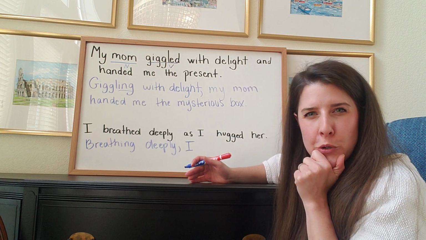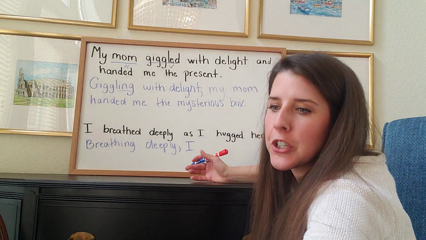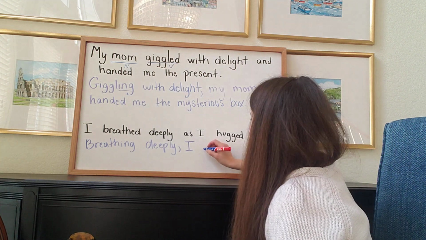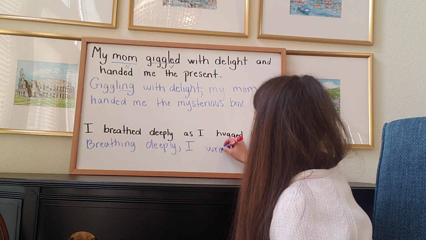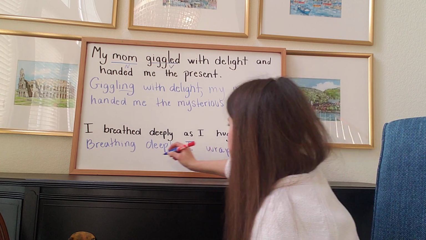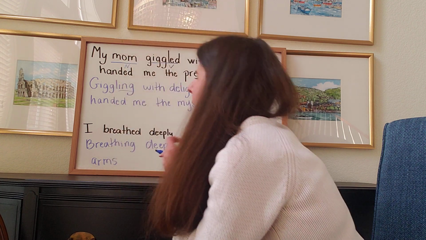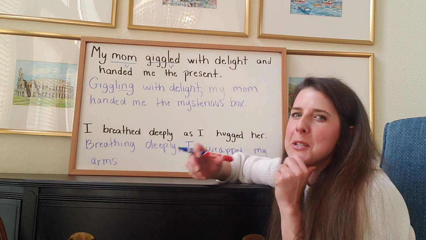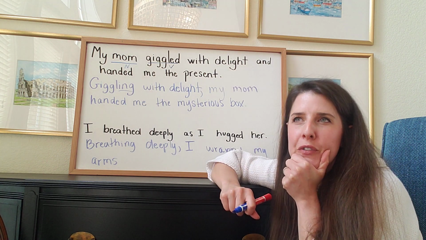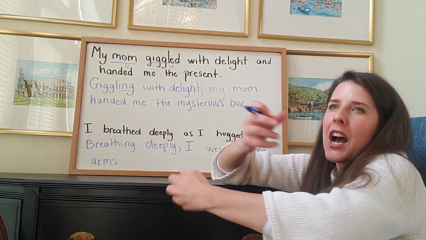Well, it's actually a special moment that I'm having with my grandma, so instead of just saying I hugged her, I'm going to take this opportunity to revise my whole sentence, and I'm going to say I wrapped my arms. Now, what could I say with my grandma? Maybe she's got some wrinkled skin, that sweet wrinkled face. So I could say around her sweet wrinkled face. But I kind of want to hug her shoulders.